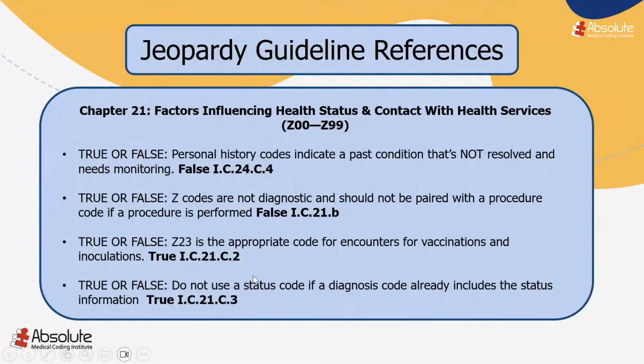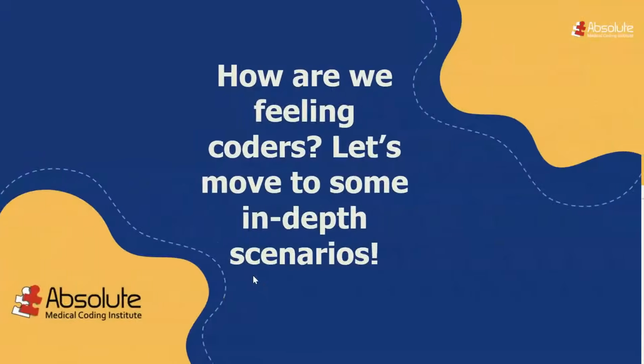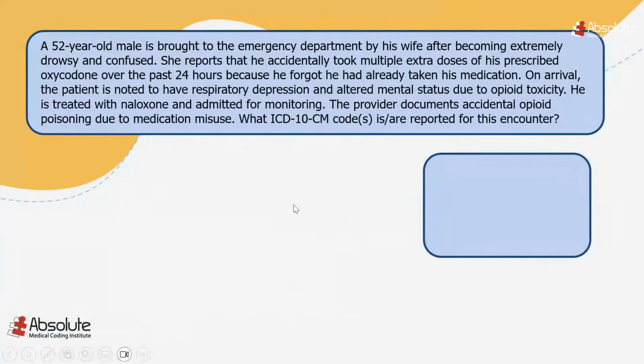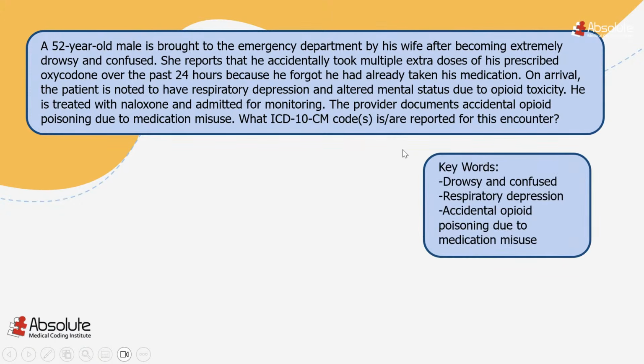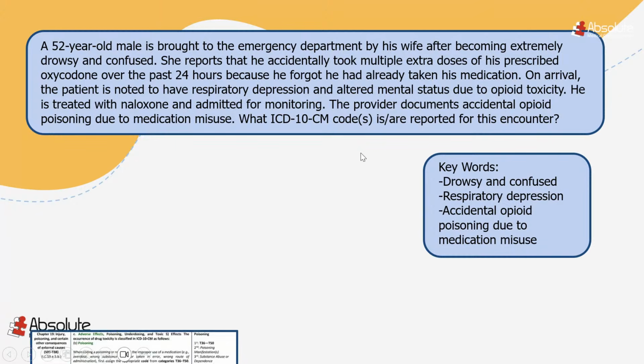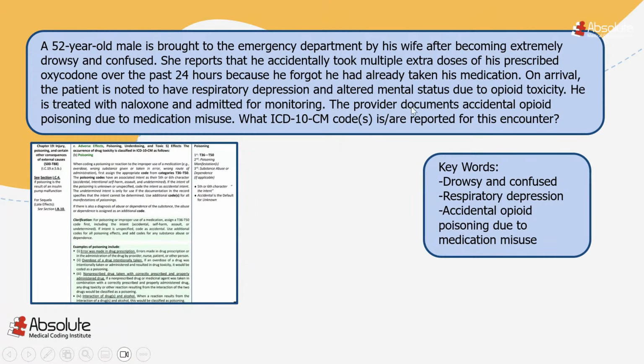Okay, so this is our scenario. I won't read the whole thing over, but what I took out of here is the drowsy and confused, that respiratory depression, and also the accidental opioid poisoning due to medication misuse. And then this is followed by the guideline we're going to be using.